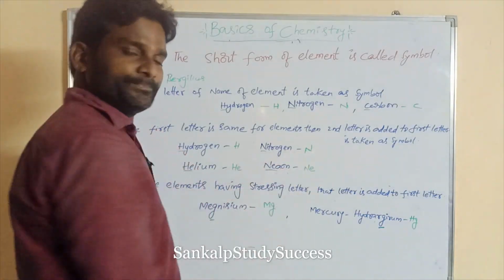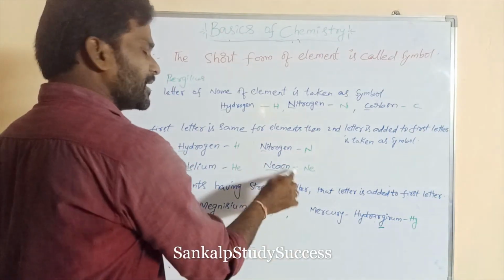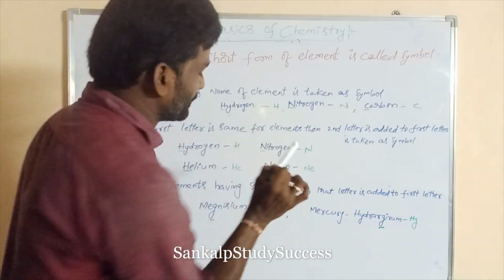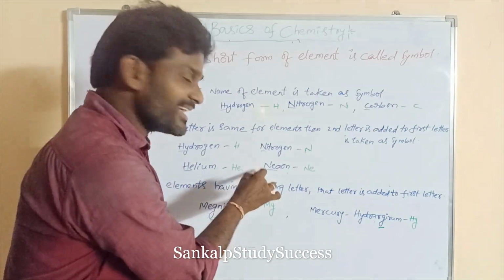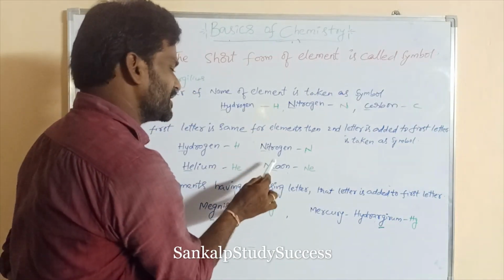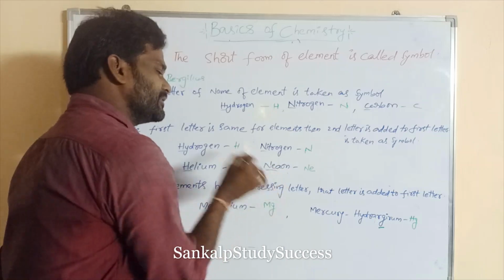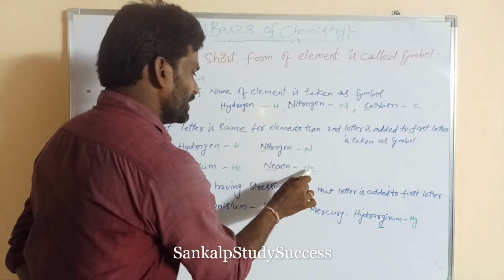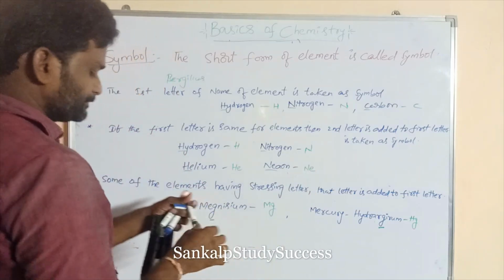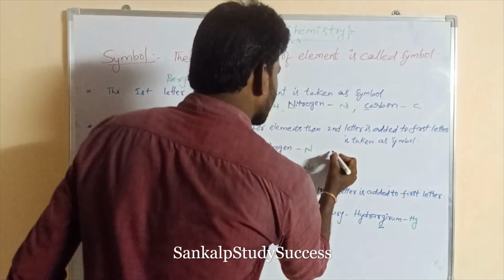Similarly, nitrogen and neon. N is already given for nitrogen. What is the first letter of neon? N. Both have the same, so in this condition the second letter is added to the first letter. So Ne, the first is capital, the second is small. Similarly, cobalt.